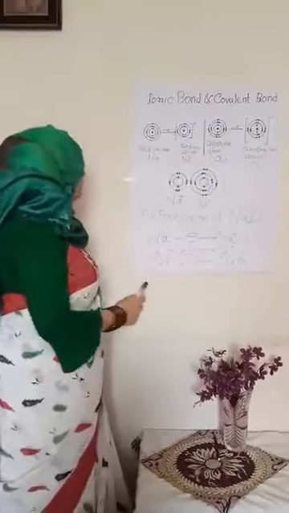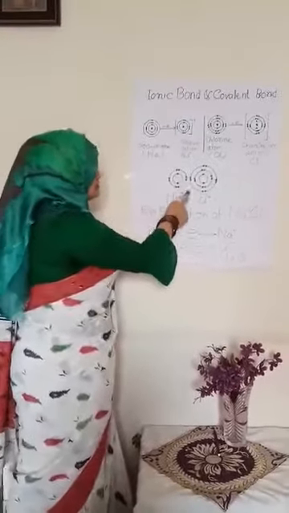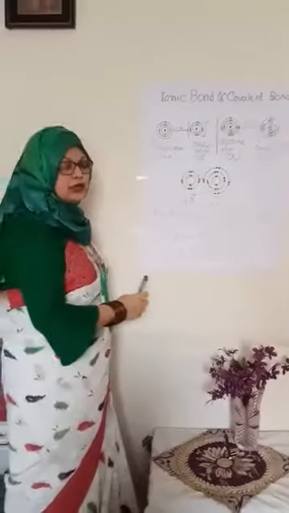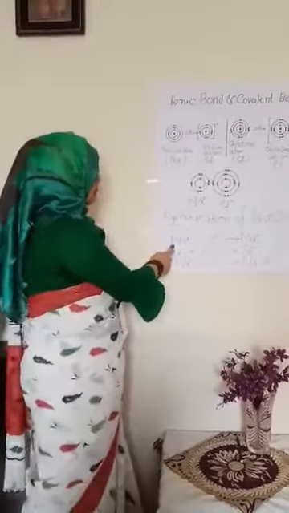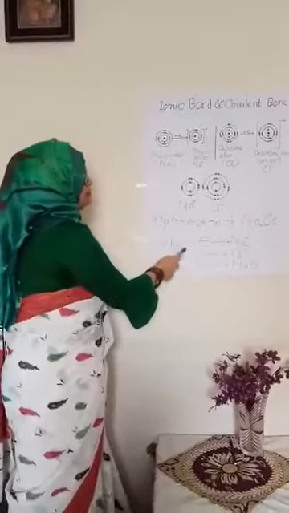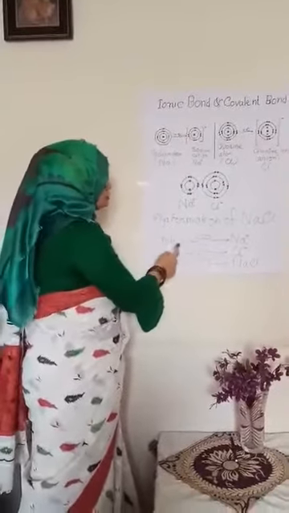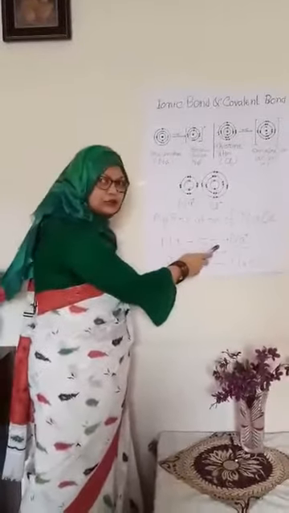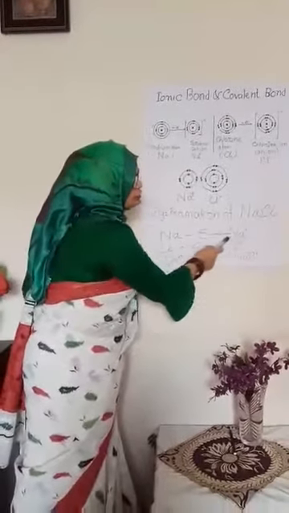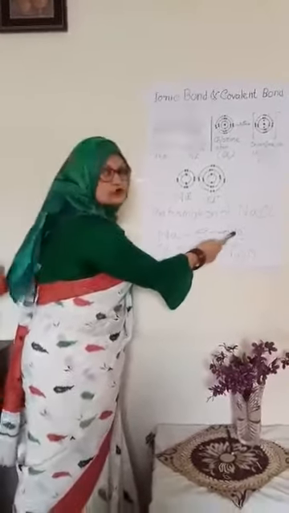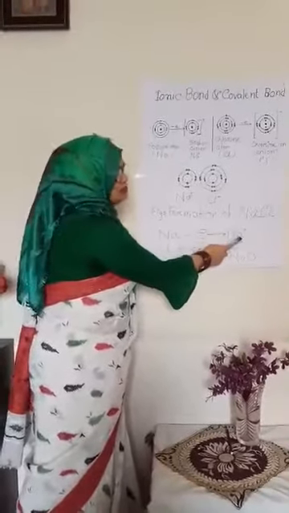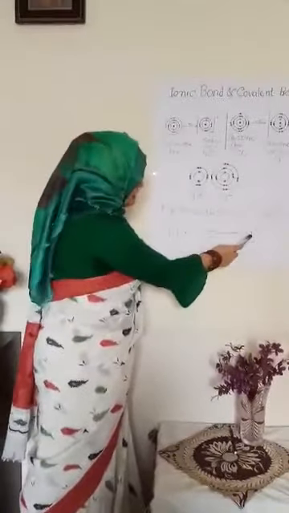Now, we can express this bond by an equation. Now look here. Sodium atom minus 1 electron. That means sodium atom gives up 1 electron and produces sodium cation. That is, sodium cation means sodium gains positive charge, Na+.